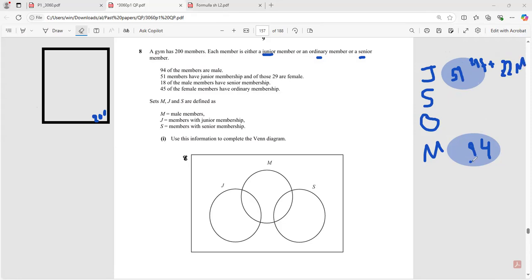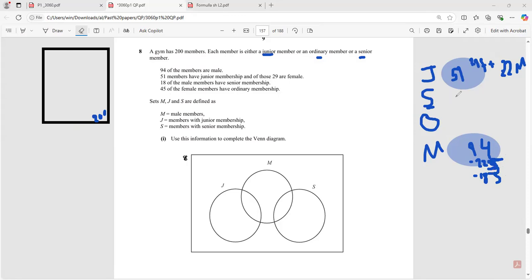So from here we're going to take 22 for the junior, okay. 18 of the male members have senior membership. So in the senior 18, we're going to take another 18 for senior, okay. This is J, junior.